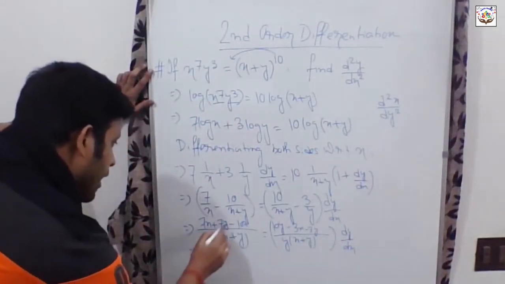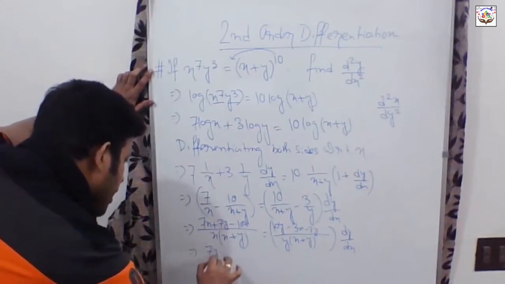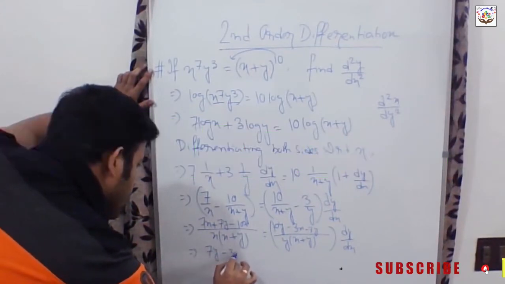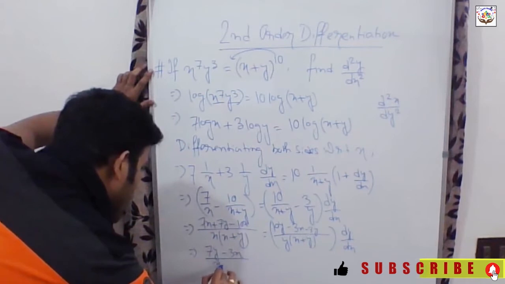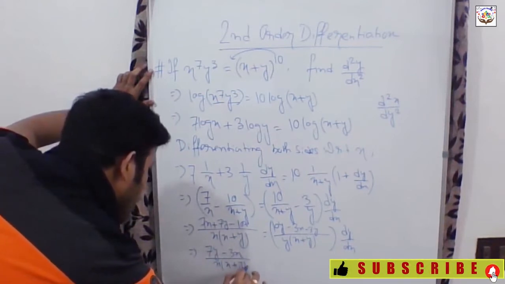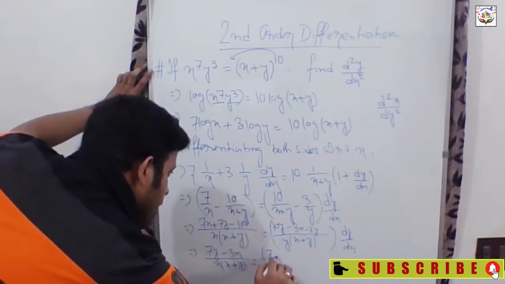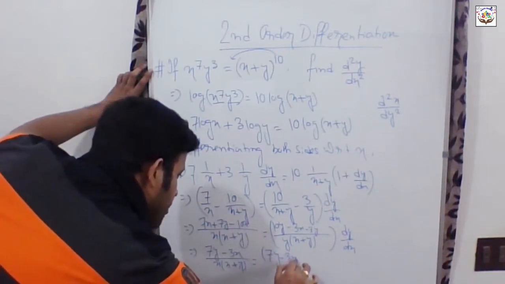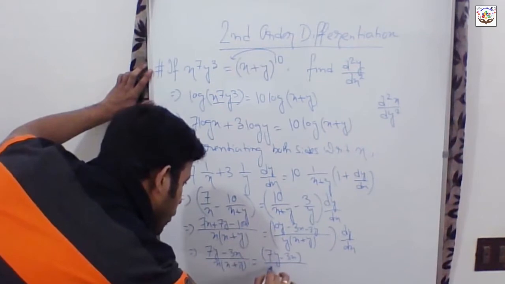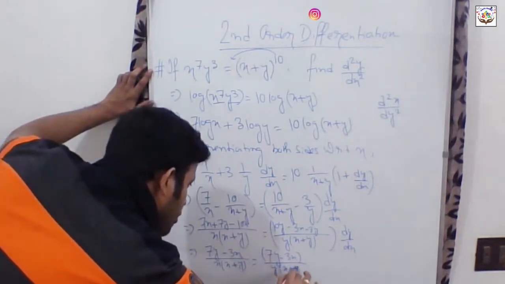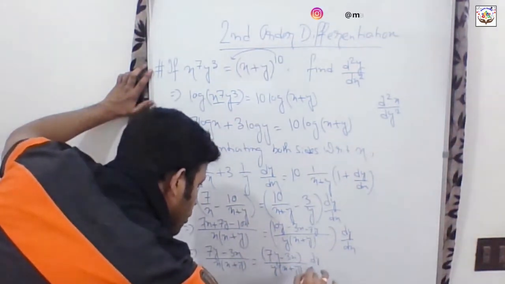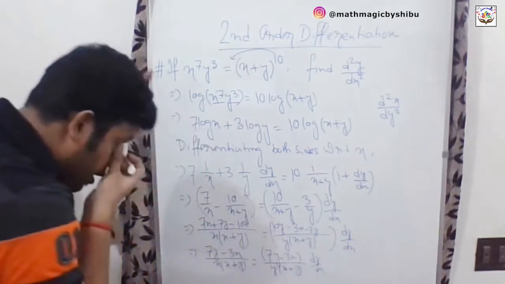Now can we write it as 7y minus 3x divided by x into x plus y equals 7y minus 3x divided by y into x plus y into dy dx, right?